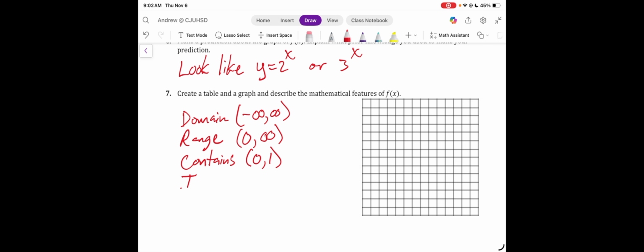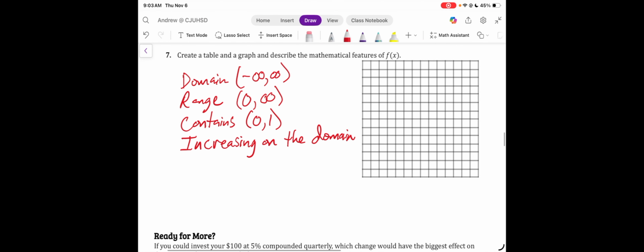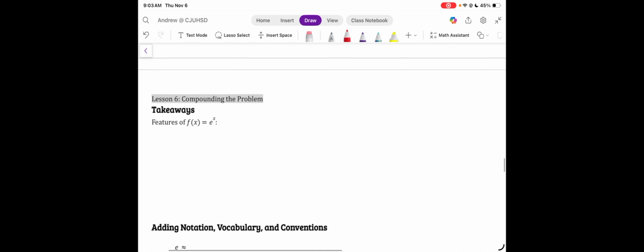And it's always increasing. And let's learn how to spell increasing. I-N-C-R-E-A-S-I-N-G. The whole interval of the domain, it's increasing. Okay, and then let's look to our takeaways.